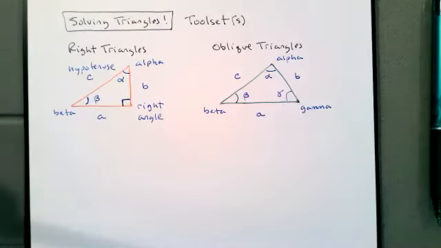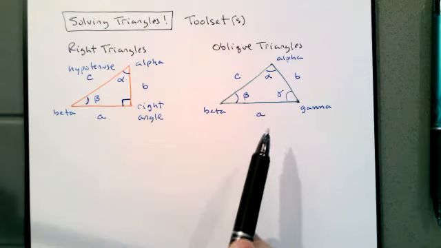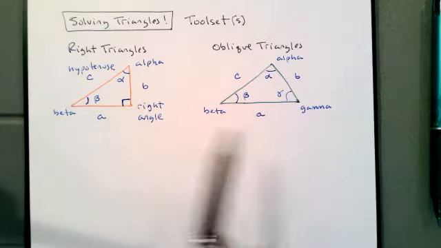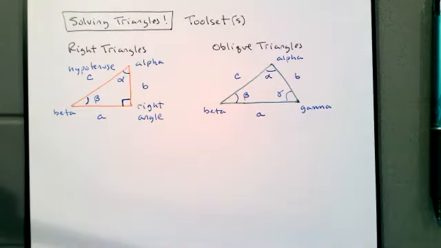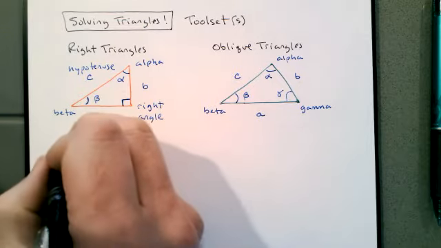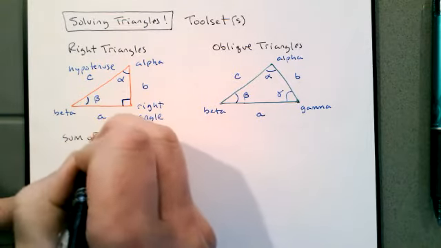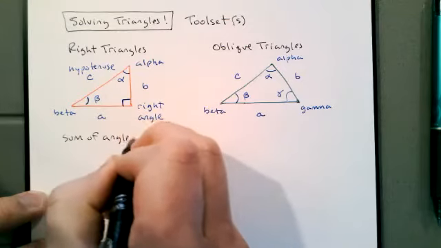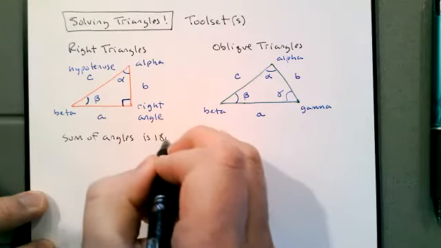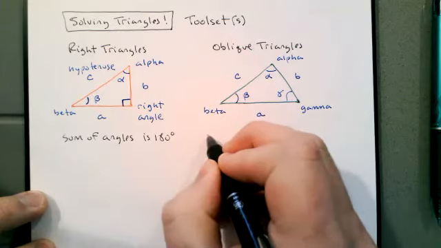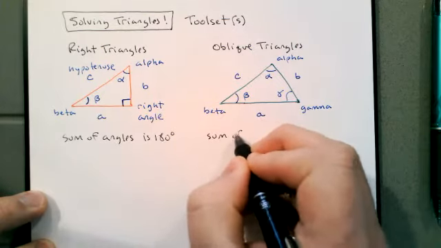Let's start listing the tools that we have already. The first tool that we have that applies to both categories, the tool that sits in both sets, is that the sum of the angles of a triangle is 180 degrees. So the angles of a triangle are supplementary. The sum of the angles is 180 degrees, and that works in both. That's always the case.